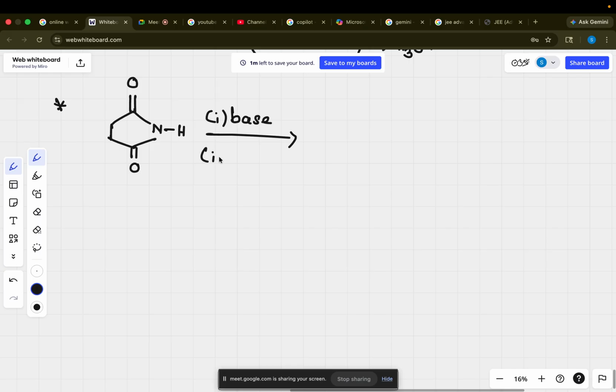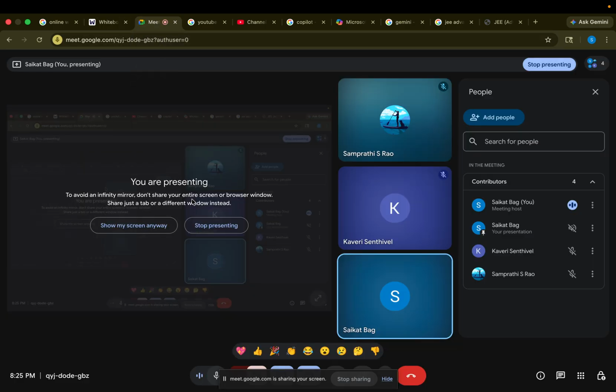Second, they have this reagent, PPh3 plus, and here you have CO2Et. Okay, so now do it. Try to solve it, then tell me what you are getting.